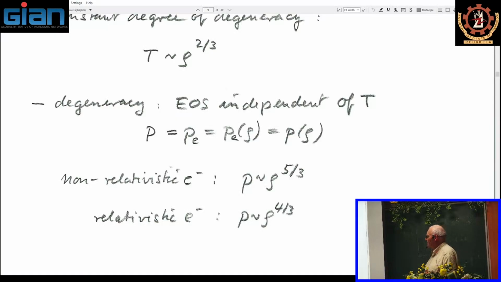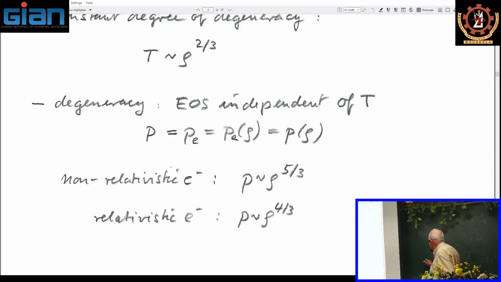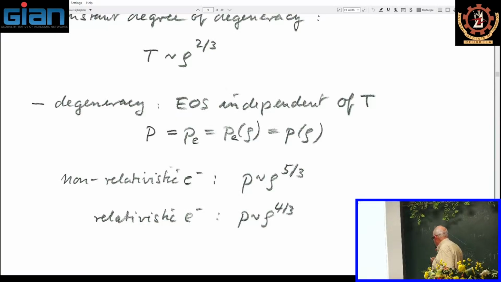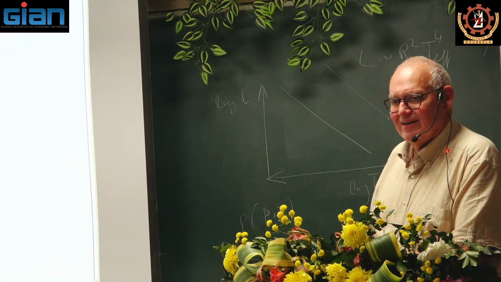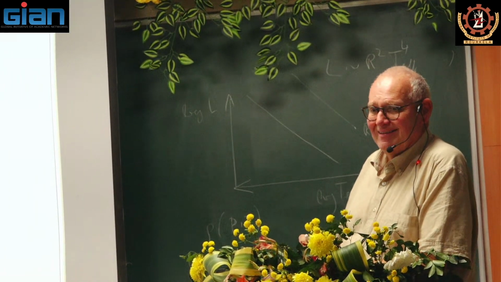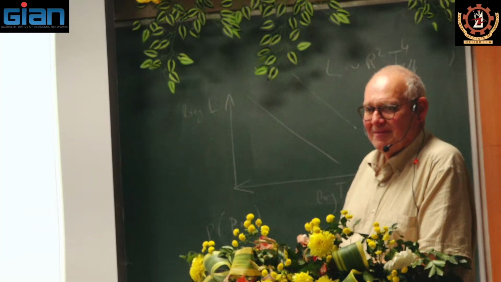By the way, how big are alpha and delta for these cases? The alphas and deltas are defined by an equation of state of the form rho of P and T. Well, the dependence on temperature is dropped. So what is delta here? Delta was d log rho by d log T at constant pressure.